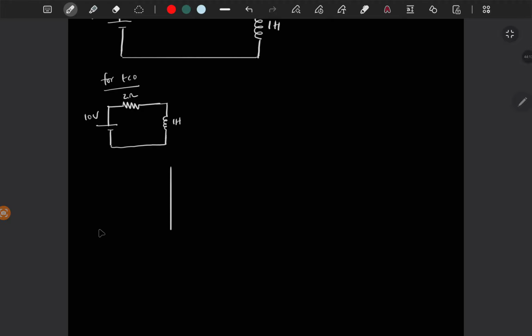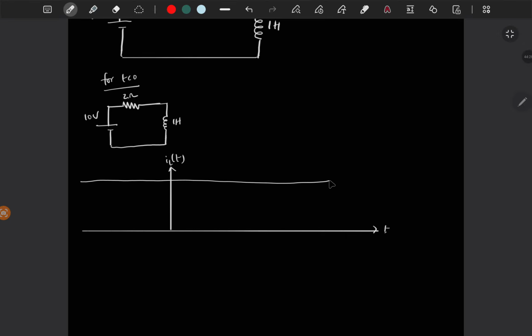So let's say IL of t, you have 10 volts completely. So you might have applied it at some point.